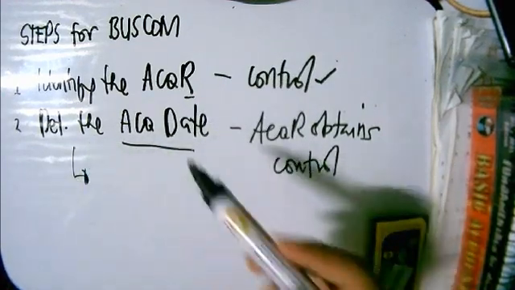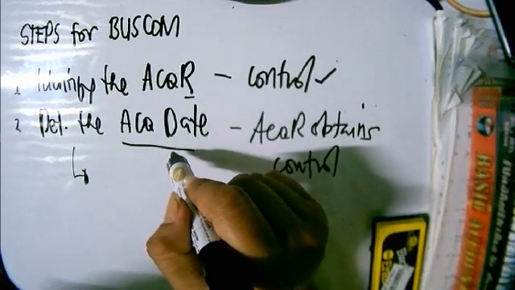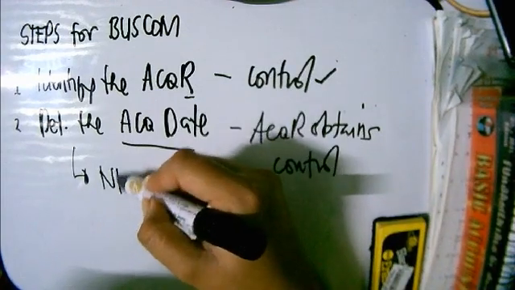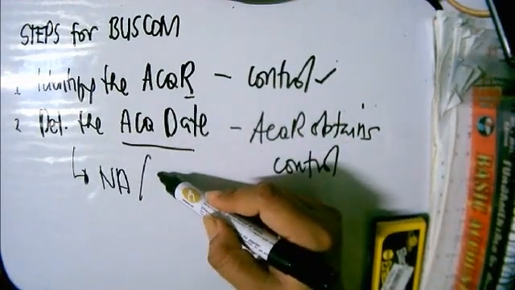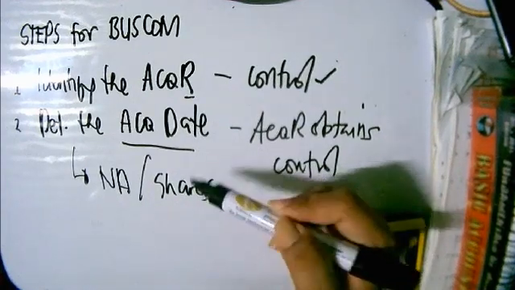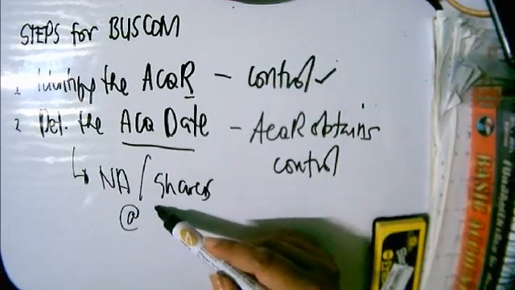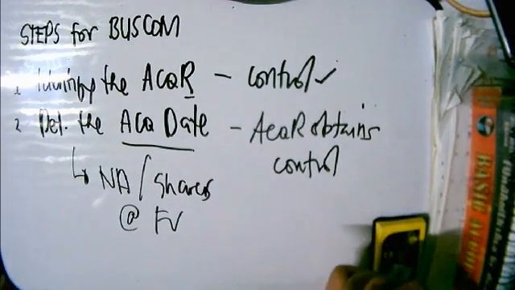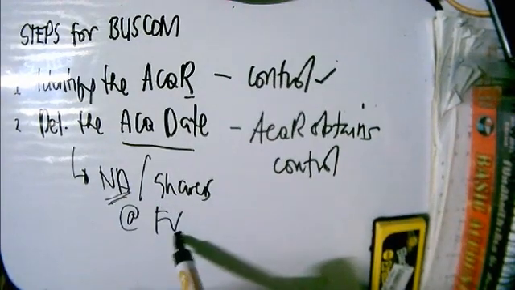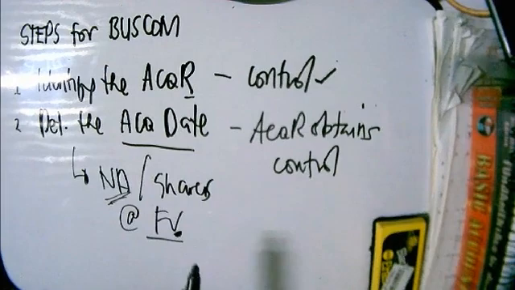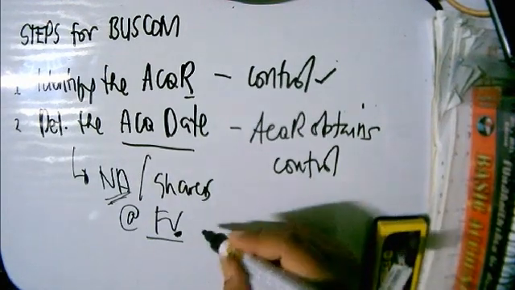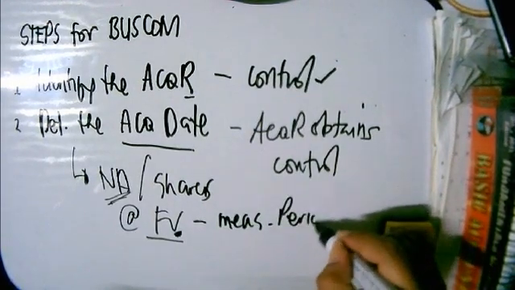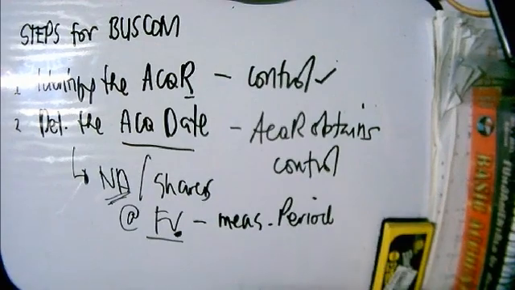Kasi nga, on the acquisition date, or the moment na nagkaroon ng business combination, the net assets that are being acquired or the shares that are being acquired by the acquirer should be measured at fair value. So, hindi pwedeng naka-book value yung mga net assets na yan. Dapat naka-fair value. And magiging based din ito ng ating measurement period. So, mas maiintindihan natin to sa mga next natin na discussion.